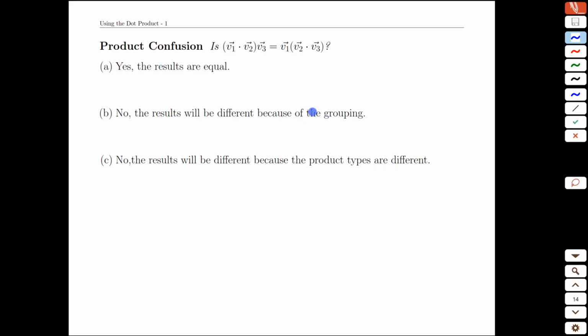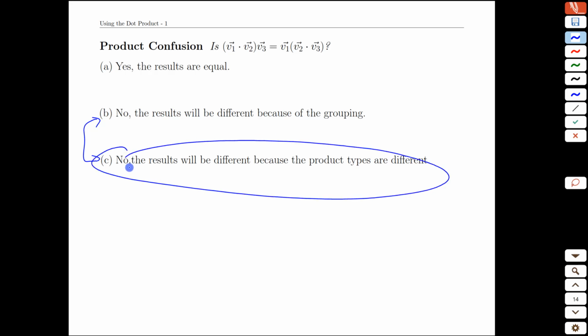All right, what we're looking for here is both of these in some sense are true, but I think C describes the scenario more correctly. If we take v1 times v2, that is going to be a scalar. Let's go back. If we take our left-hand side, that is v1 times v2 as a dot product, and so that's going to give us a scalar value.